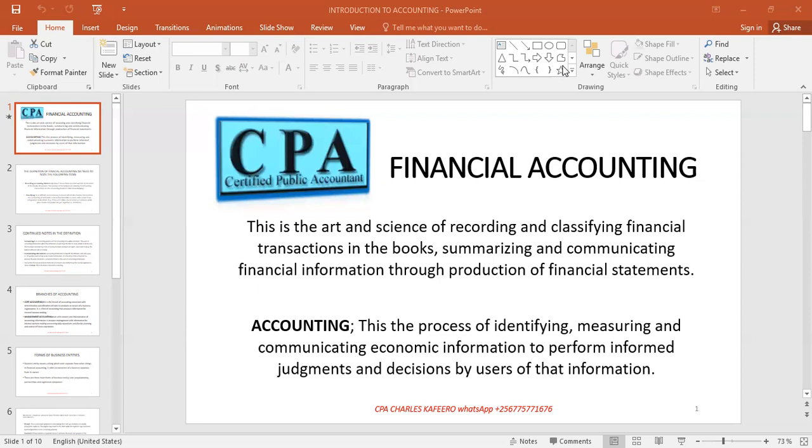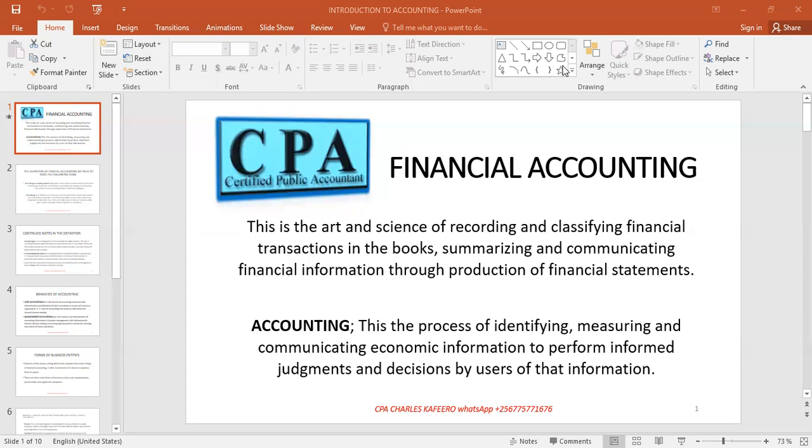If you know what accounting is, then when I attach a term like financial, you will understand that we are dealing in the monetary value of whatever transaction we are dealing with.